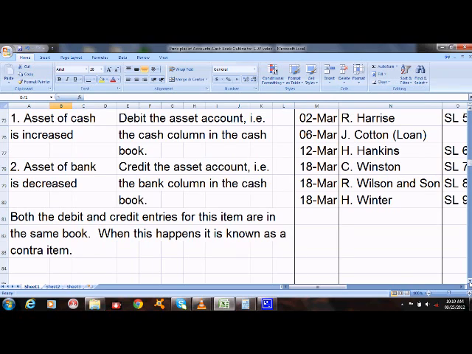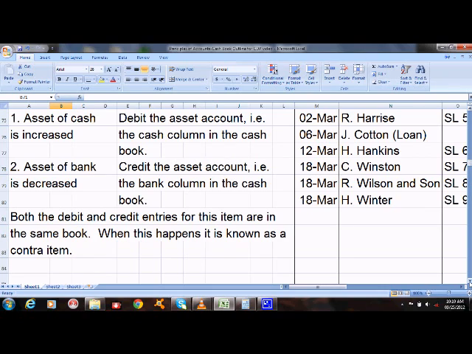When this happens, it is known as a contra item. In other words, this item is where both the debit and credit entries are made in the cash book. So a contra item is where both the debit and credit entries are made in the cash book.